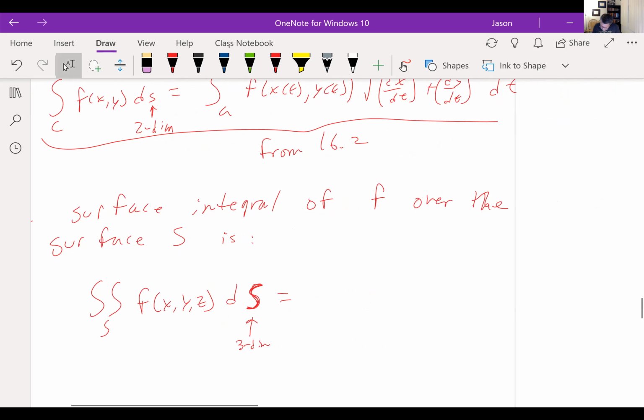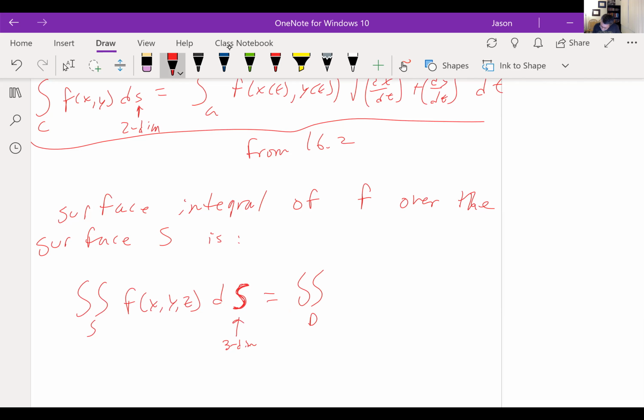Okay, this is equal to the double integral over the 2-dimensional domain of f of r(u, v).